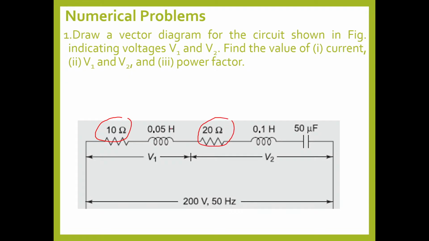But inductance and capacitance values are given. Whenever we want to simplify numerical problems, all the capacitive and inductive values must be replaced by their reactance values. So we have to determine the reactance of this inductor, the reactance of this inductor, and the reactance of this capacitor.